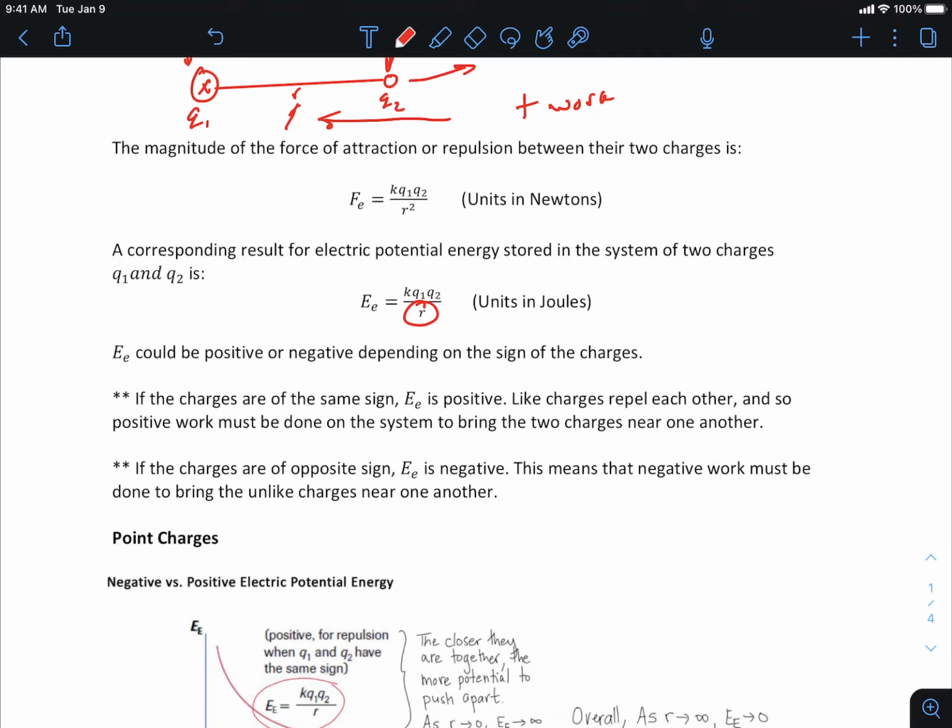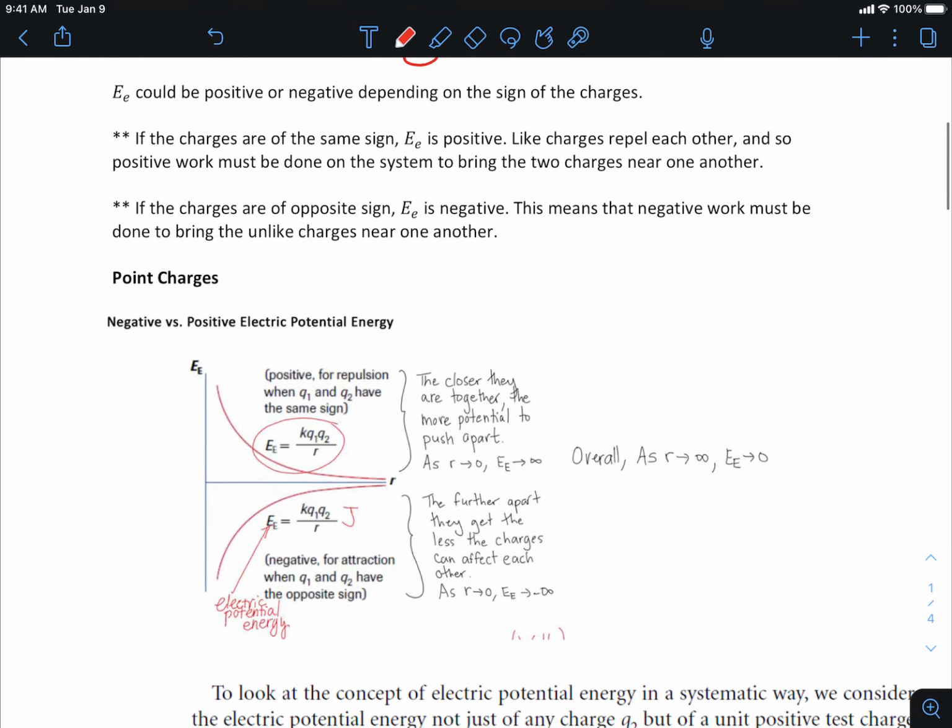So overall, as we increase the radius, the electric potential energy approaches zero.